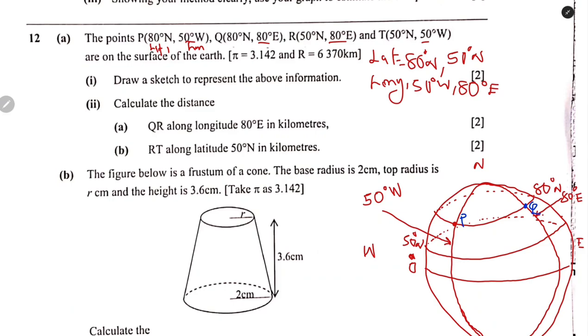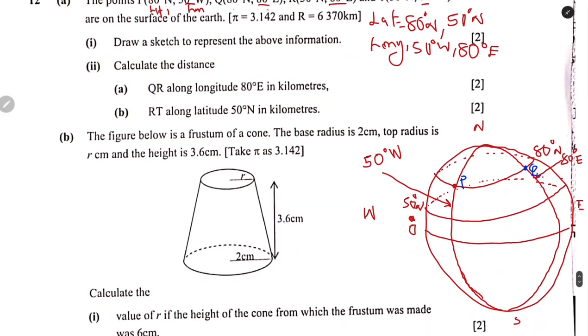Then what about point R? Point R is 50 degree north and 80 degree east. So it's on this side. So this is 50 degree north and of course 80 degree west. So this is our point. What is this point? Wow, I've ended up rubbing the other part now. Hope I'll be able to pass.